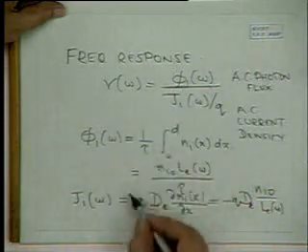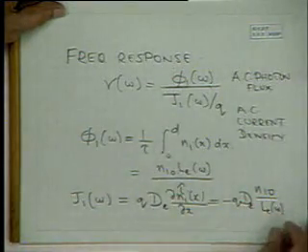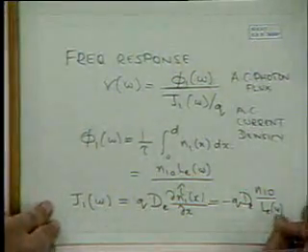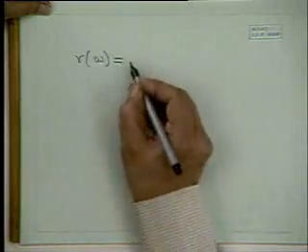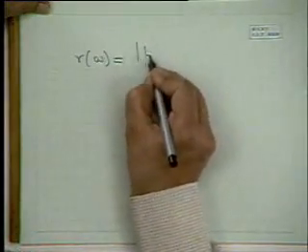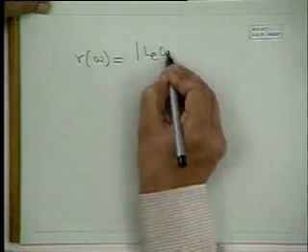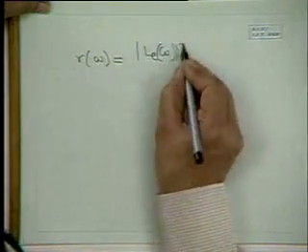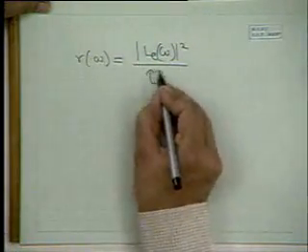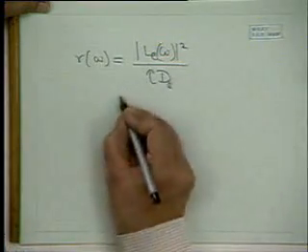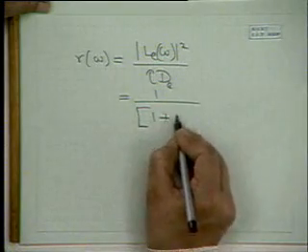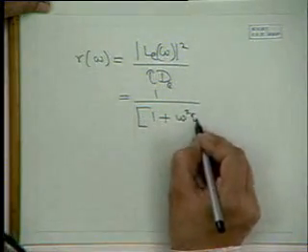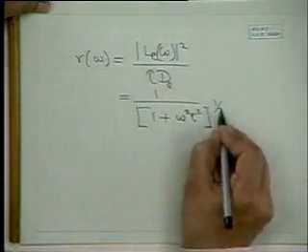So we take the ratio of these two and we find that the response function is L_E(omega) squared by tau D_E, which is nothing but 1 over (1 plus omega squared tau squared) to the power half.